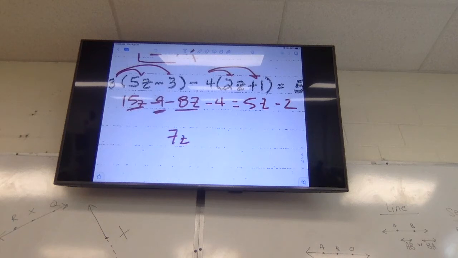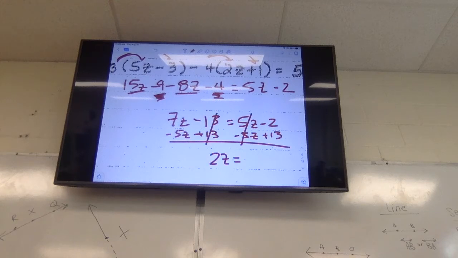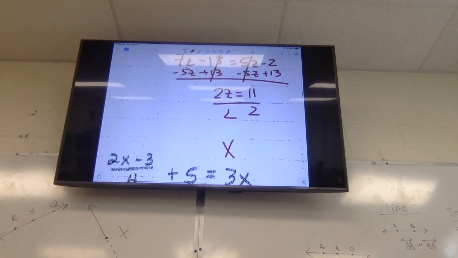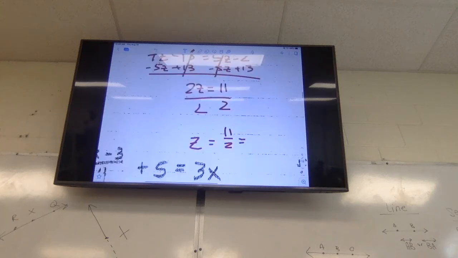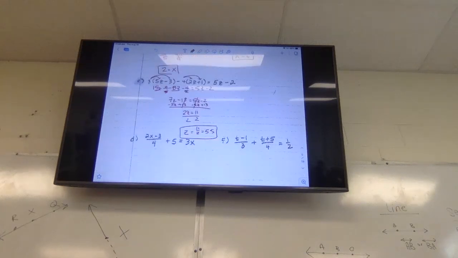Then I've got negative 9 minus 4 is negative 13 equals 5z minus 2. Minus 5z from both sides, plus 13 to both sides. And I get 2z equals 11. And then I just divide by 2. Oh, it's z not x. You can keep it as a fraction or you can make it a decimal. What is that? 5.5 as a decimal? Perfect. All right, everyone good with those first couple?